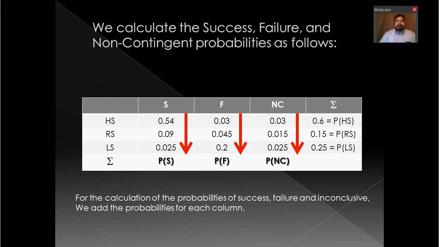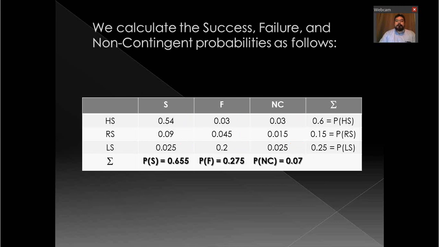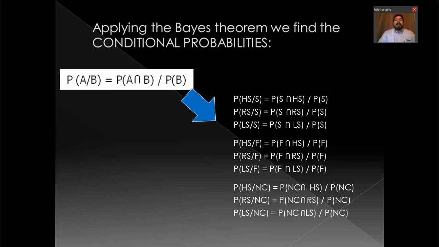We add them, and we have these results as the probabilities of success, failure, and non-conclusive results. Now we apply the Bayes theorem and find the conditional probabilities for each branch of the tree: the probability of high sales due success, regular sales due success, low sales due success, and the same for failure and non-conclusive results.